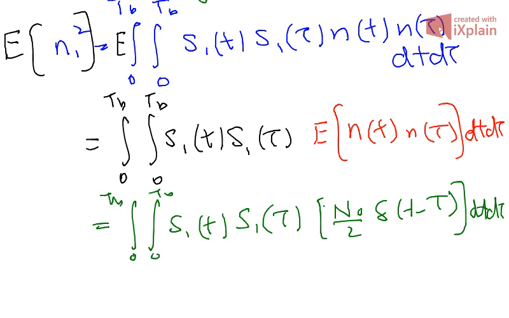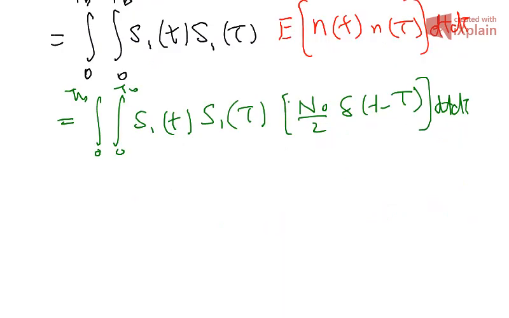Now if we rewrite this expression, N0/2 would be here, and you can just solve one integral, and we would be left with one, putting t equal to tau.